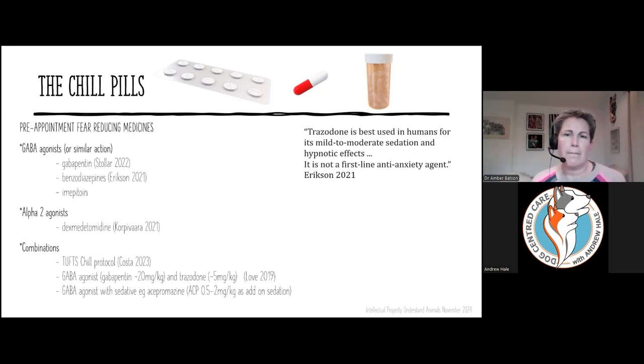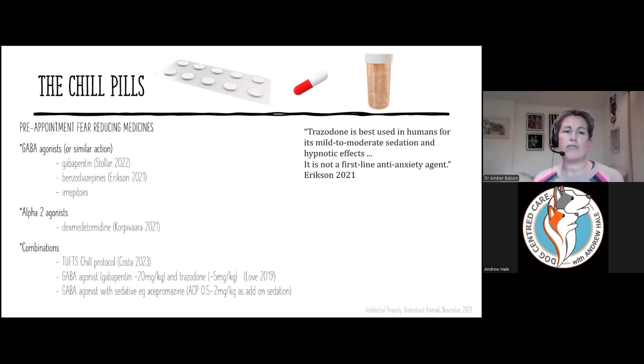It's worth just bearing in mind, as Erickson pointed out in relation to pre-appointment medications for dogs and cats in clinical practice in 2021, that trazodone on its own isn't really considered a first-line anti-anxiety medication. Trazodone in humans often causes more moderate sedation and hypnotic effects, but doesn't necessarily act as a great fear-reducing medicine.